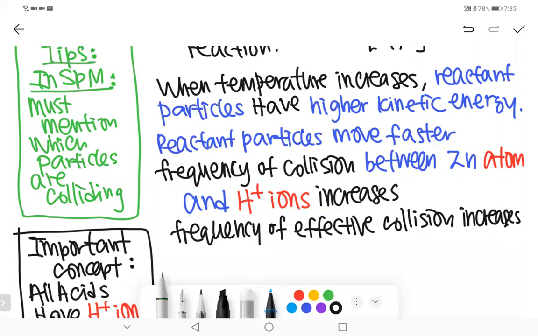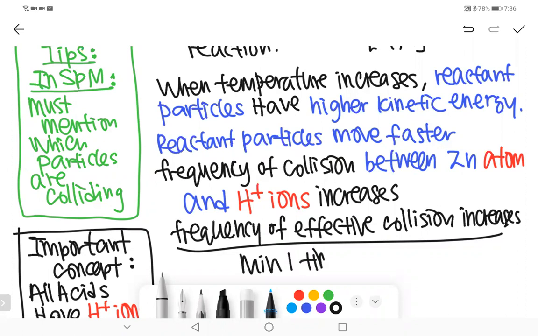But some people ask, sir, if here I write one more time, frequency of effective collision between zinc atom and hydrogen ion increases, can or cannot? Can. You just need to tell the examiner minimum one time who is colliding. If you want to mention more than one time, it's okay.